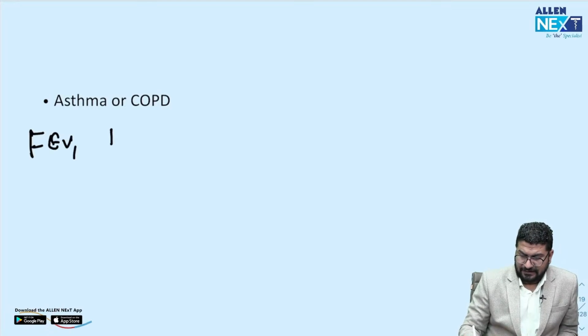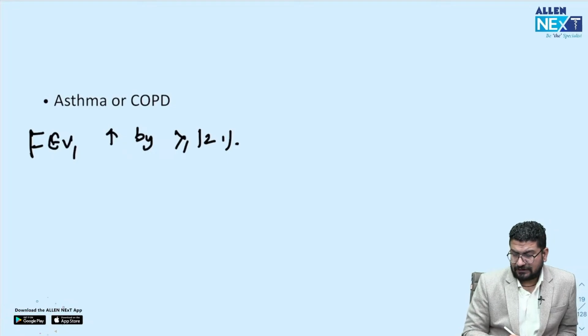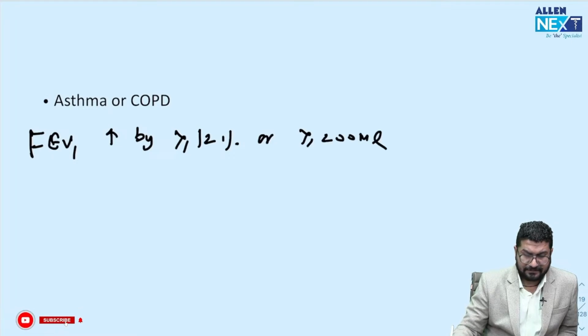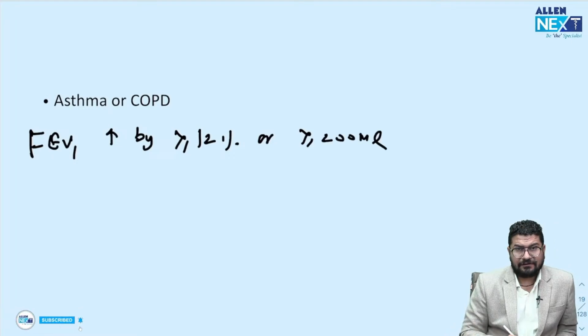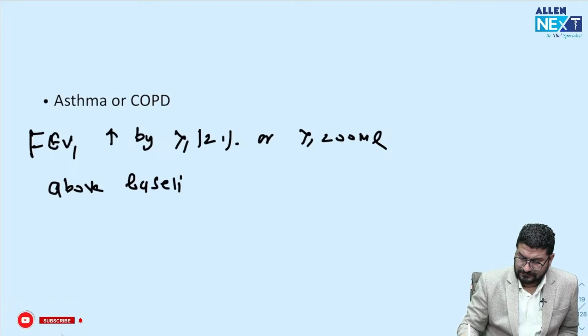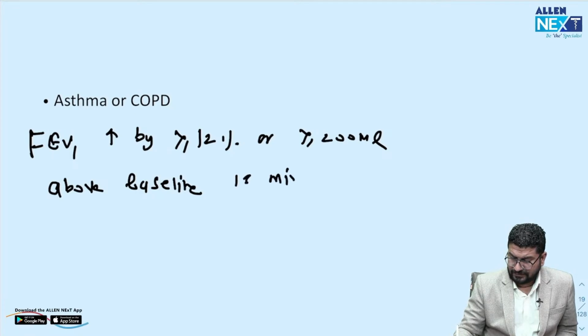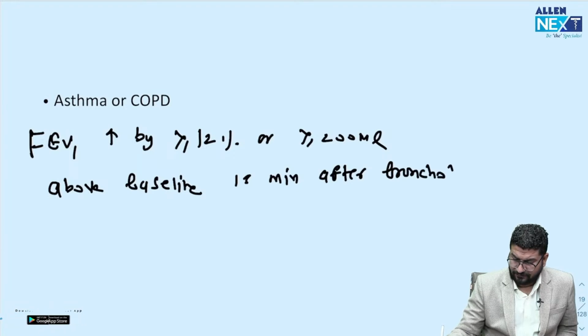So FEV1 post bronchodilator, if it is increased by more than 12% from baseline or more than 200 ml, if FEV1 increased by 12% or more than 200 ml above baseline, right? 15 minutes after bronchodilator, after beta agonist.